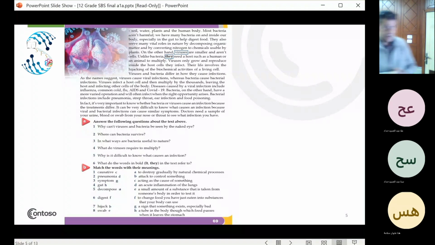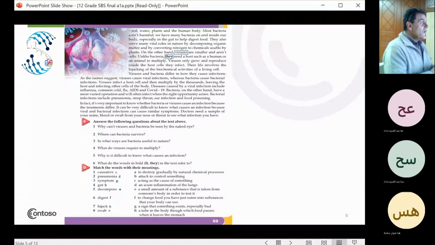Bacteria, on the other hand, have a more varied operation and will often infect when the right opportunity arises. Bacterial infections include pneumonia, strep throat, ear infection, and food poisoning. These are examples of diseases caused by bacteria.